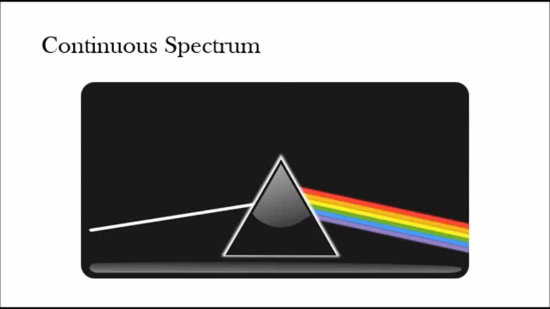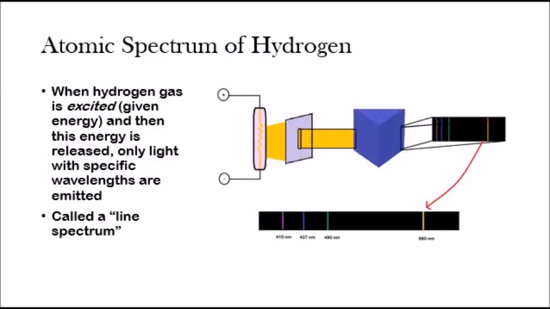You've probably seen a rainbow, or whenever you just take a prism and shine it in the sunlight, you'll see that all the colors of the rainbow, of the visible spectrum essentially, are being displayed. So that's the difference between a continuous spectrum and a line spectrum. And also understand that a line spectrum for every compound and every element is slightly different.